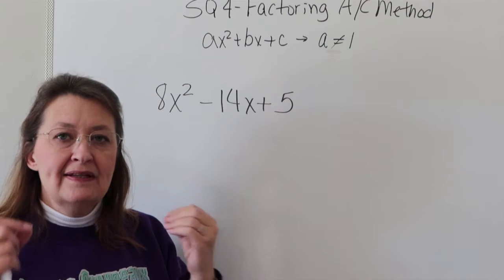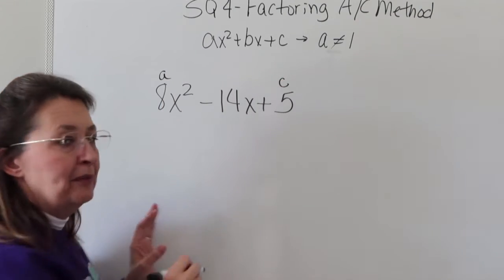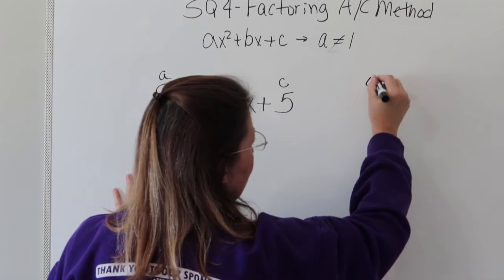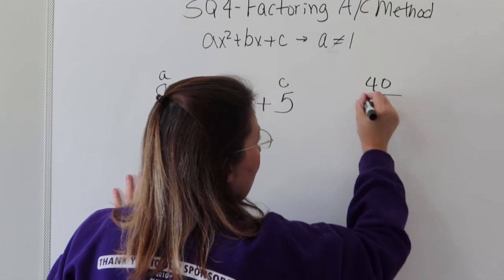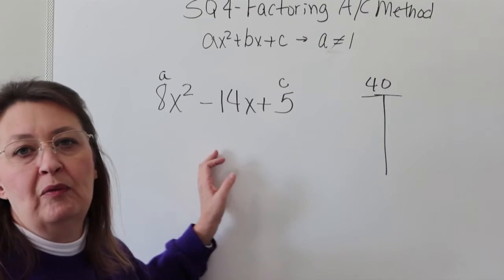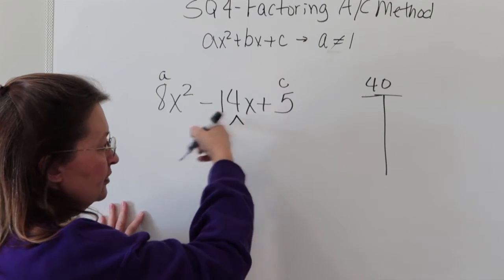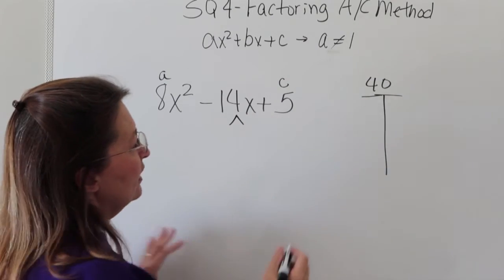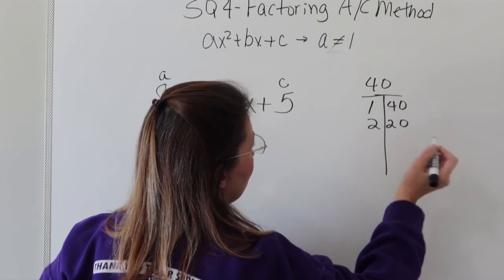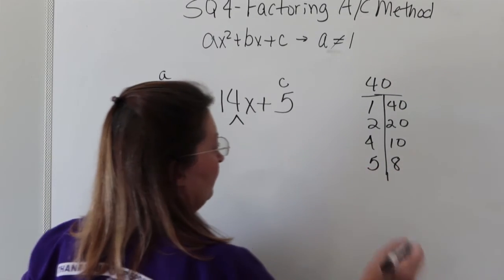And the minute I hear AC method, I know that means multiply my A term and my C term. So 8 times 5 is going to give me 40. Now remember, our goal here is to create a 4-term polynomial out of this 3-term polynomial. And I'm going to do that by splitting this 14. So let's get our factors of 40. I've got 1 times 40, 2 times 20, 3 won't go, 4 times 10, 5 times 8, and that's it.